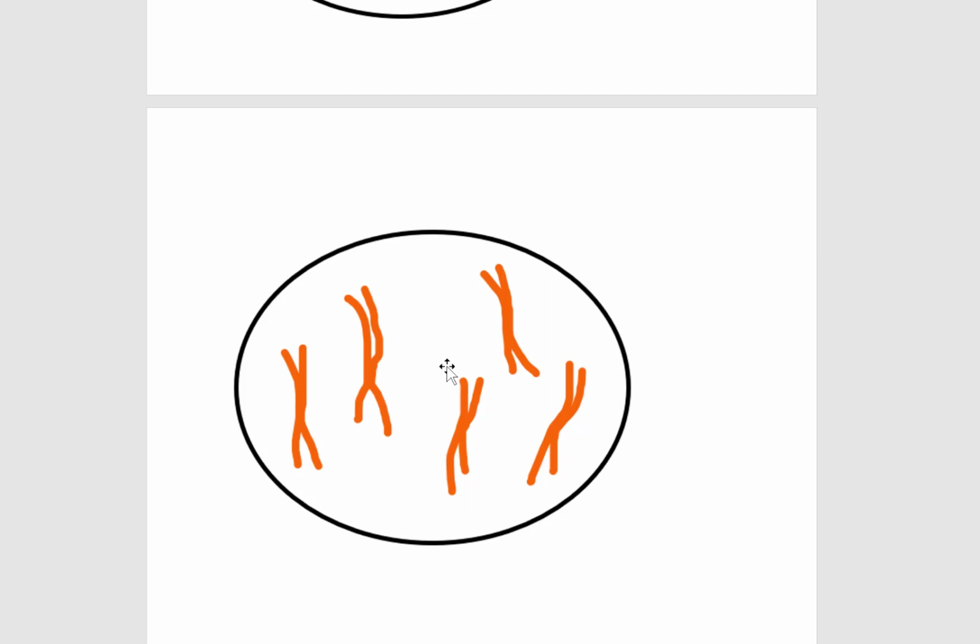It cannot be anaphase because they're duplicated. And if this cell were in anaphase, we would have 10 chromosomes in that cell, because once the sister chromatids are separated from each other, they are now considered chromosomes.